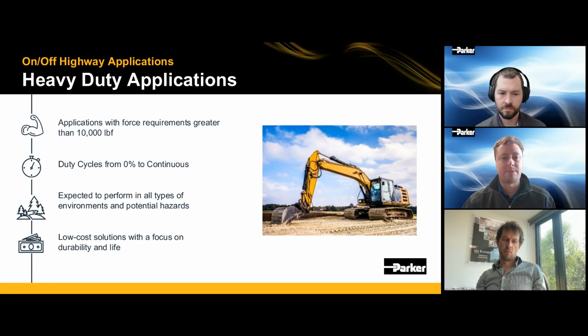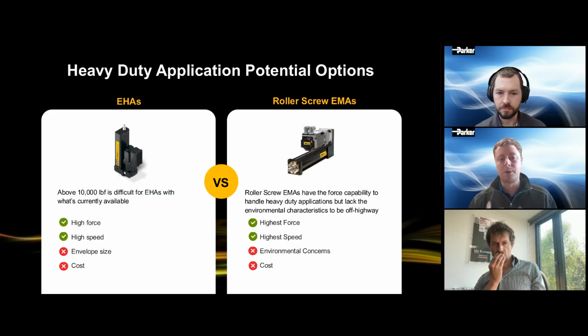So just looking at the picture in front of you, you can count 1, 2, 3, 4 hydraulic cylinders on that. If you replace that with an EHA or an EMA, that's 4 different EMAs or EHAs that you have to replace. And to do that right now would be very costly compared to what's available today. So if you were looking at using one of these, there are EHAs that meet the needs here.